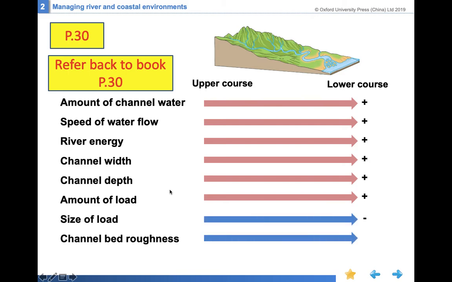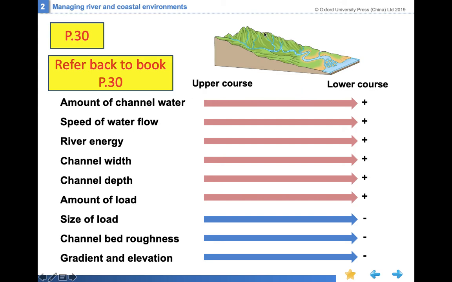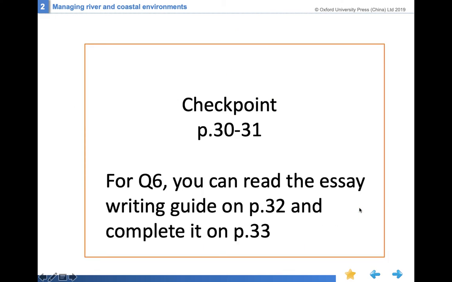The size of the load, the channel bed roughness, and the gradient and elevation will decrease. 即係呢前面呢啲紅色嘅呢，就會隨住嗰個高度啦，即係 sorry 唔係高度啦，隨住越下游呢就會越多。咁然後最尾呢三樣呢，越去向下游嘅位置呢，就會越少啦。So please finish the checkpoint, and I have a reminder for you for question 6.